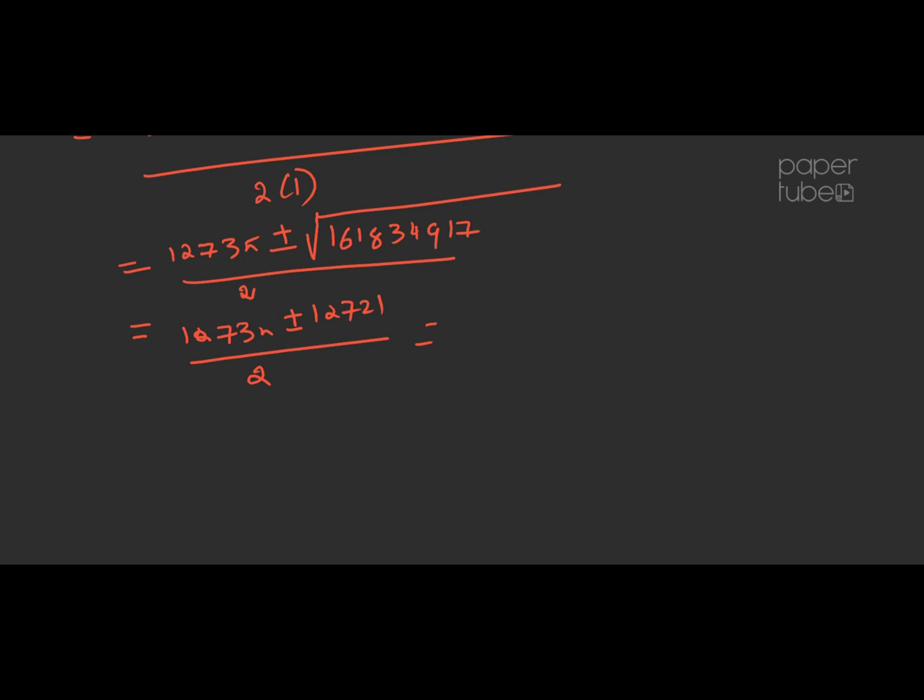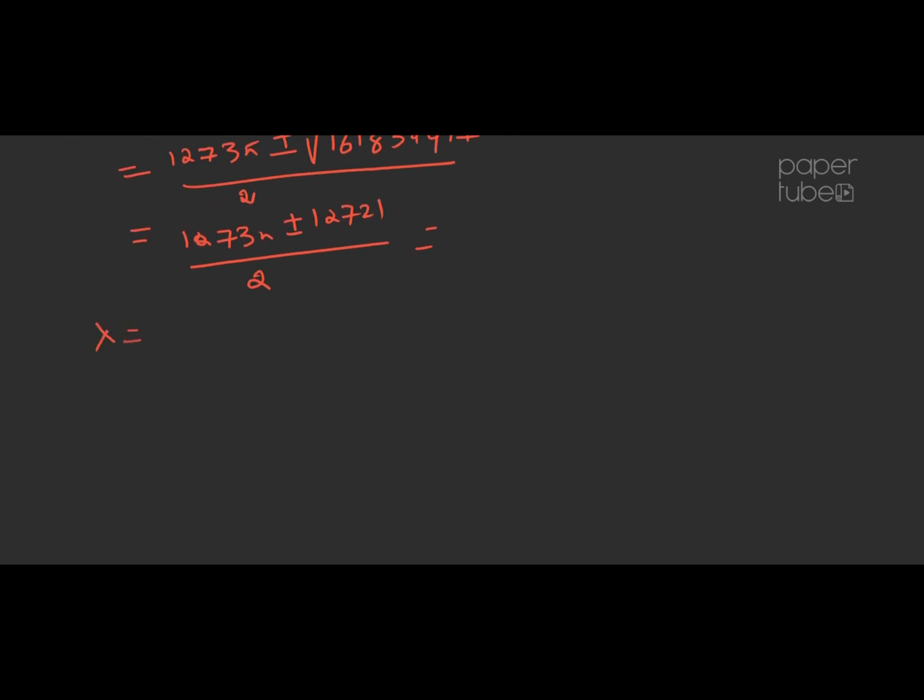So the moment what we are trying to calculate is lambda. So this lambda will be equal to 12735 plus 12721, that's going to be a big number, divided by 2. And another lambda will be equal to 12735 minus 12721, this is going to be a small number in terms of magnitude, divided by 2.